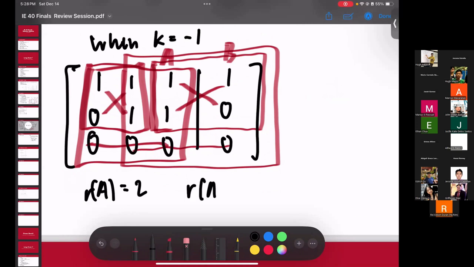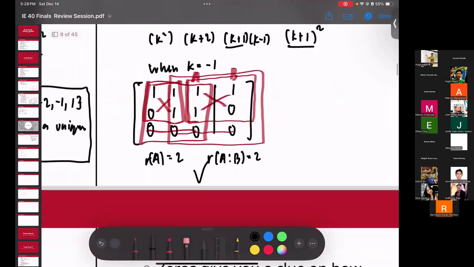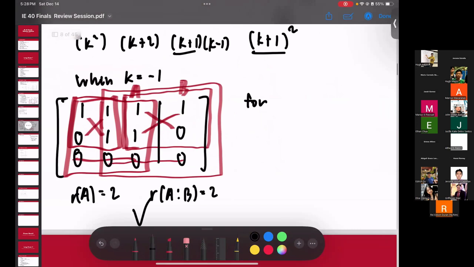So the rank of A augmented B is 2, and therefore this is correct. And we can now conclude that k equals negative 1 yields a non-unique solution.